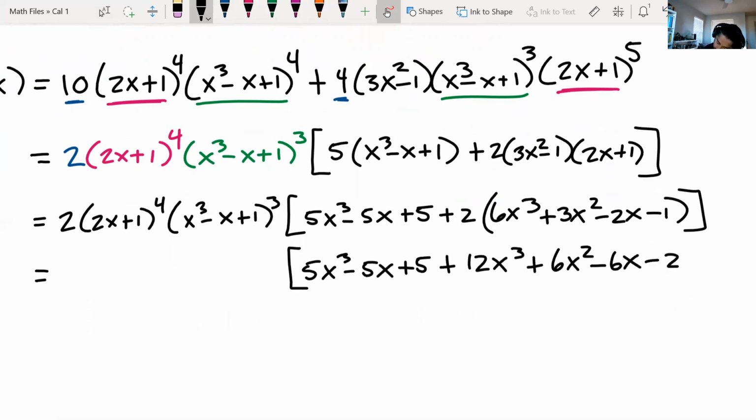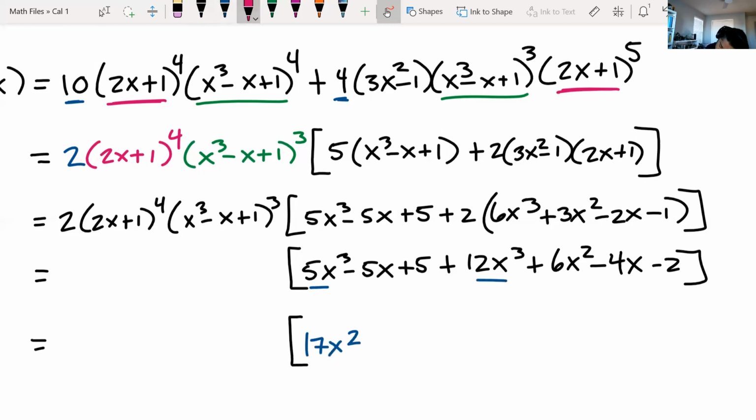Oops, no. Minus 4x minus 2. And then again, combine like terms. 17x cubed. Plus then 6x squared. Minus 9x. Plus 3.